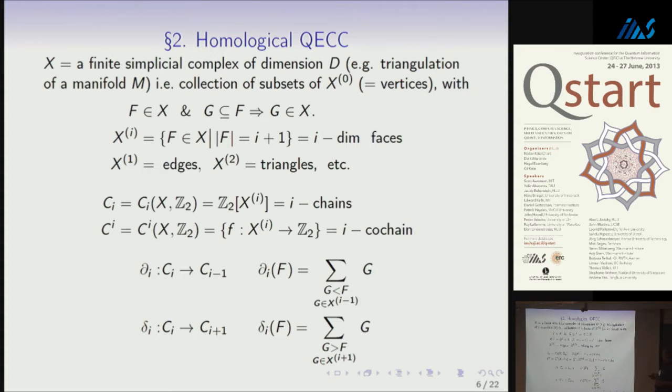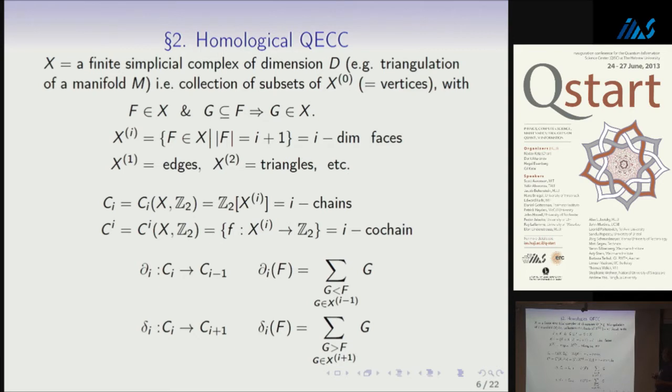Okay, so let X be a finite simplicial complex of dimension D. For example, you can take a triangulation of a manifold. A simplicial complex you can think of either as something concrete, vertices, edges, triangles, pyramids combined together, or in an abstract way as a collection of subsets of X0, that's the notation, the set of vertices of the simplicial complex.